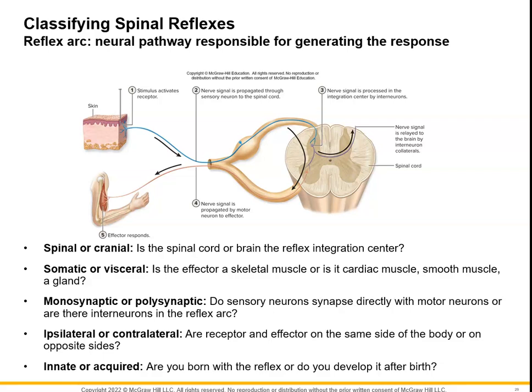Are you moving the same side? Sure. Well, if you step on something sharp and you move that side of the body where you stepped on it, that's ipsilateral, same side. Contralateral means the opposite side is causing the action. Is it innate or is it acquired? Were you born with that reflex or did you develop it after birth?